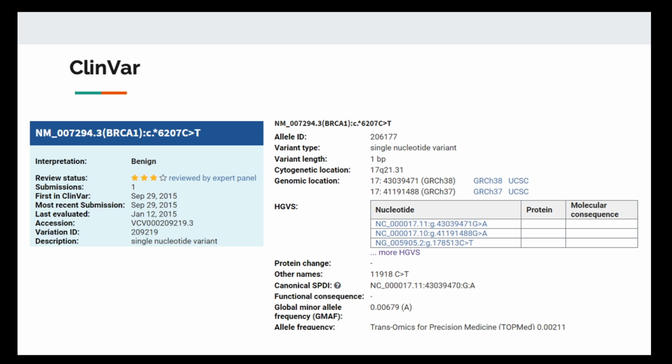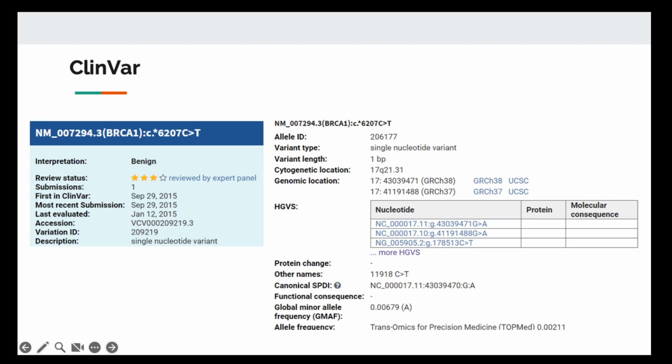So in the assignment, you get to use some of these databases. Usually you will start with some mutation, some variant. In this case, I picked a mutation in the BRCA1 gene, which is linked to breast cancer. This mutation changed the nucleotide from C to T at base pair position 6207.